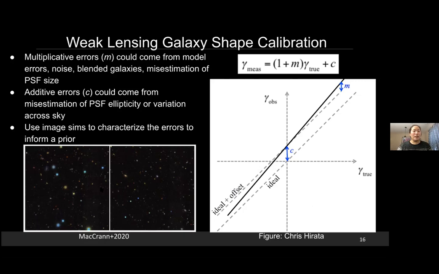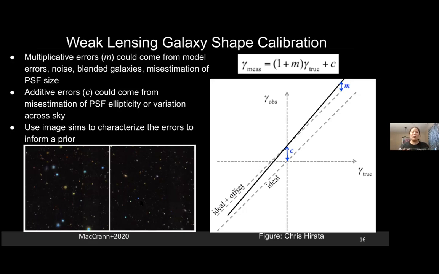And these two images on the lower left show an example from the DES image simulations paper that came out just maybe a month ago on arXiv. The left panel is a snapshot of the real data, and the right panel is the simulated image.